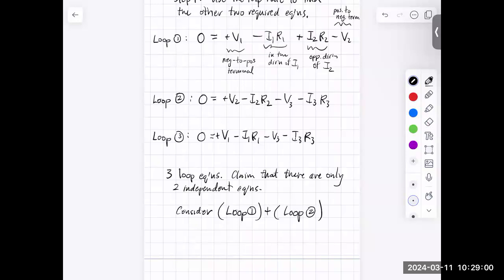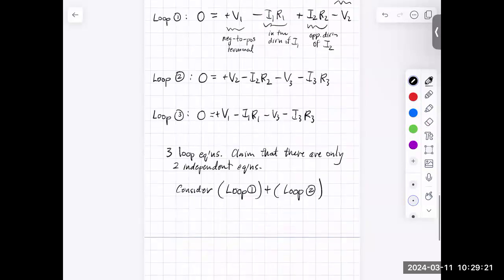If you look at loop 1, the last 2 terms are plus I2 R2 minus V2. And if you look at loop 2, the first 2 terms are plus V2 minus I2 R2. So they're the same, except they have the opposite sign.